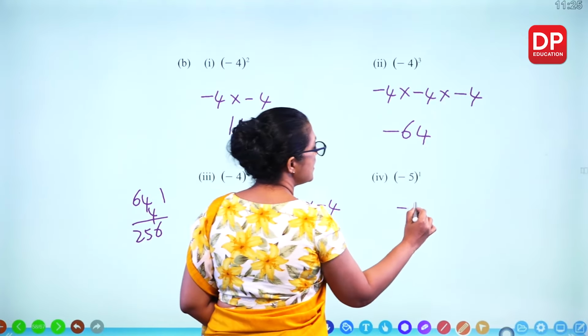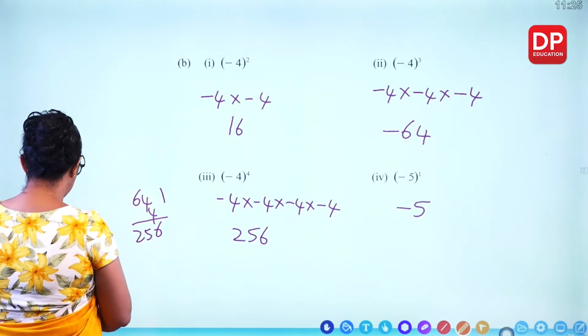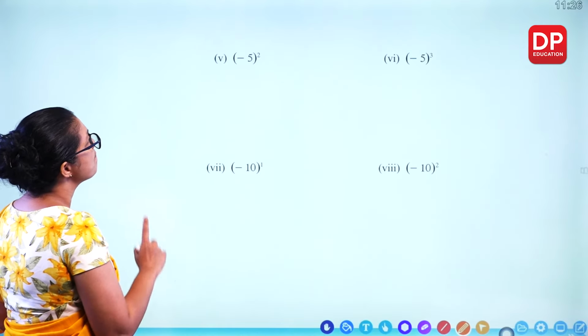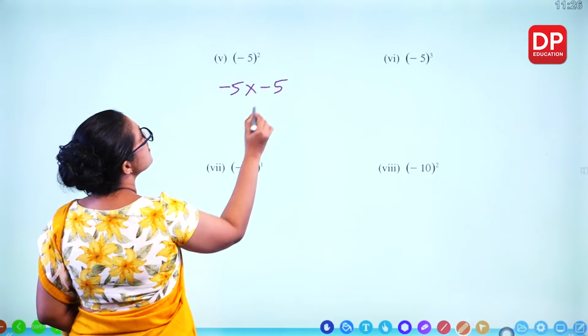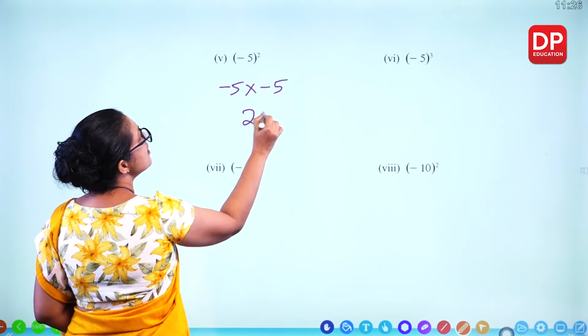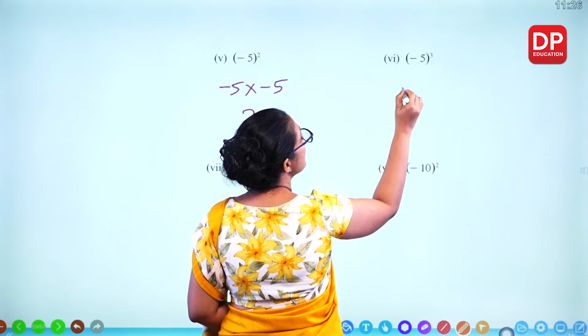Minus 5 to the power 1. Odd power with a negative number, always negative. Here, even power. Even power always positive. 5 times 5, 25. Odd power, you get a negative answer.